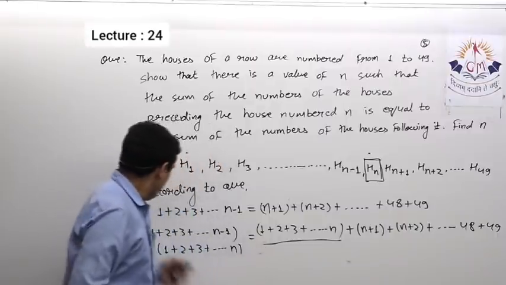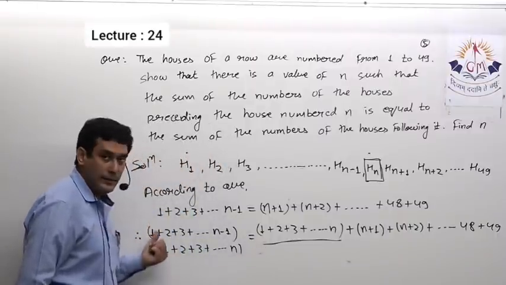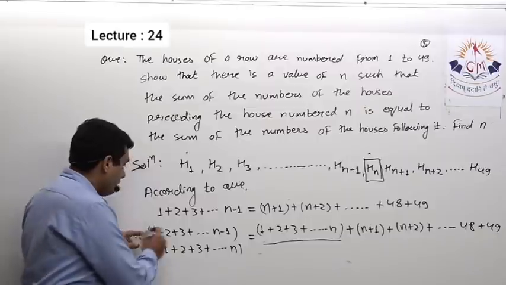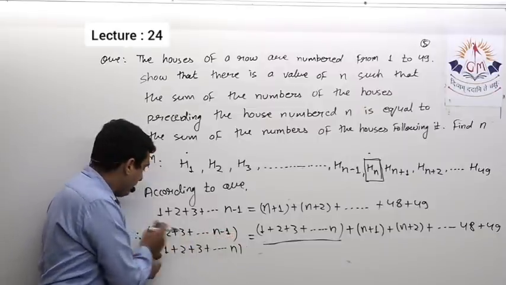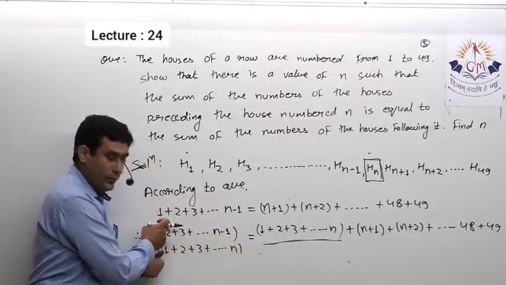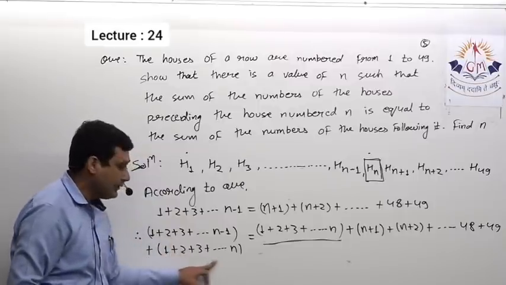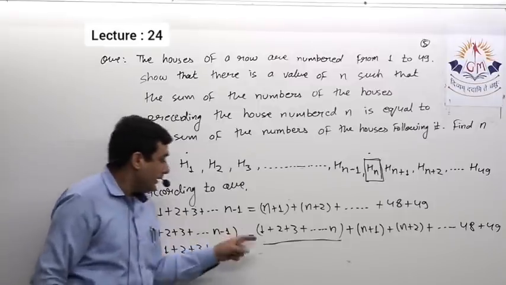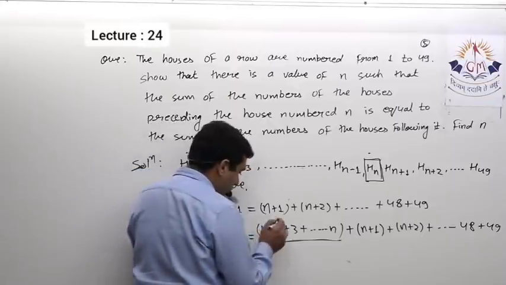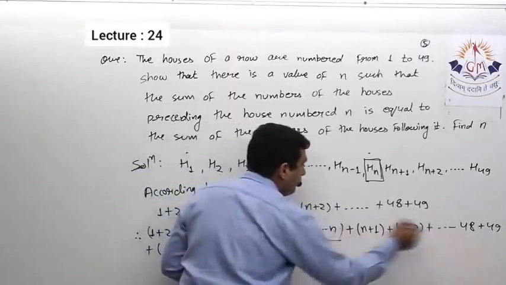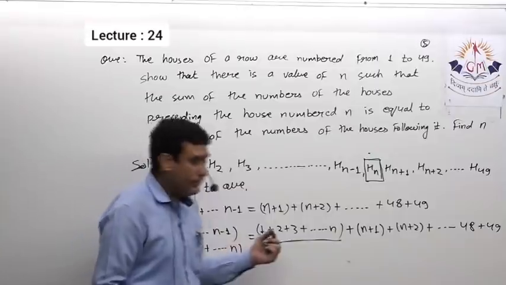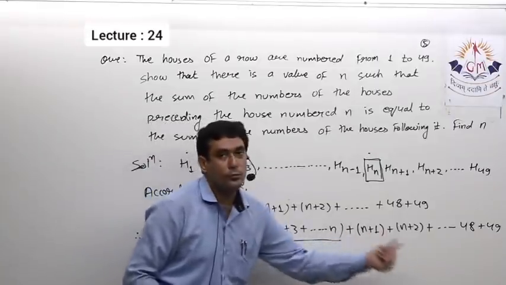Now when I added this 1 to n, this gives me an AP. Simply a is 1, d is 1, and so on. Similarly this gives an AP which starts from 1. Here now if I add these two, I can say these two actually make an AP which starts from 1 and goes up to 49.